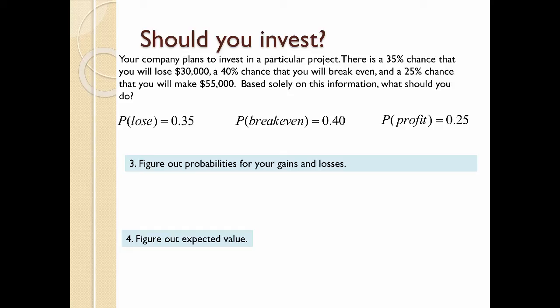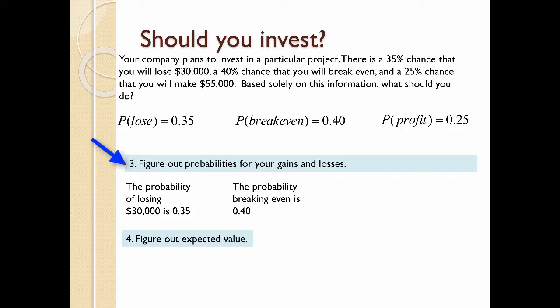So now we're going to take into account how much you might gain or lose. The probability of losing $30,000 is 35%, or 0.35. The probability of breaking even is 40%, or 0.40. The probability of making $55,000 is 25%, or 0.25.